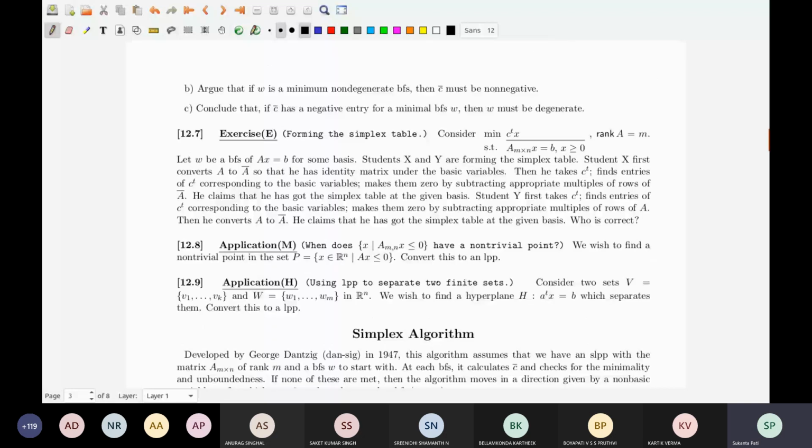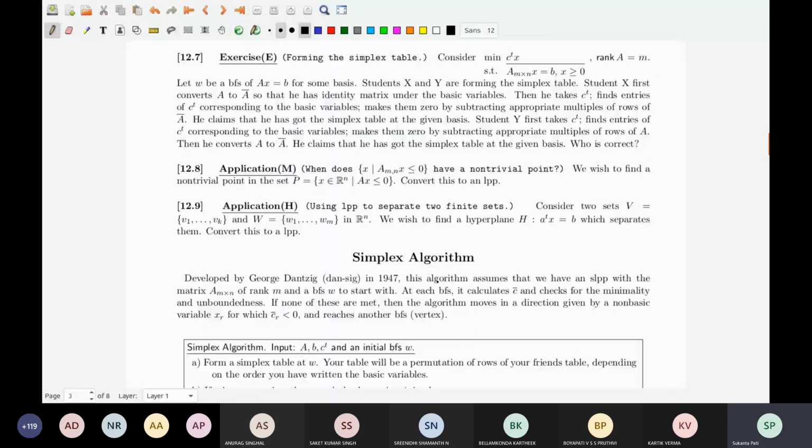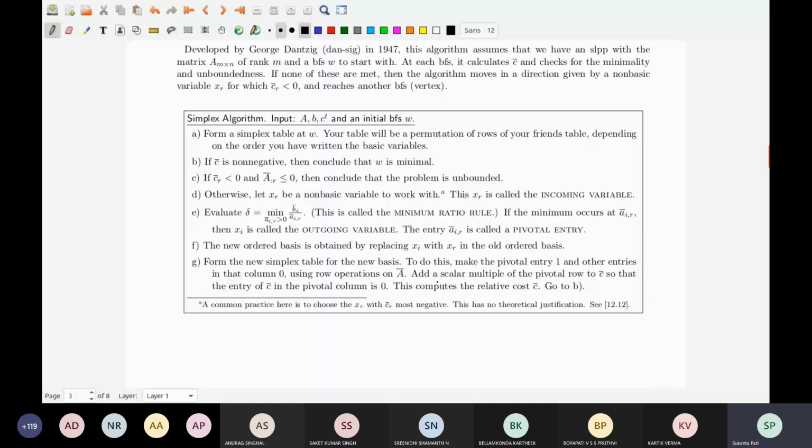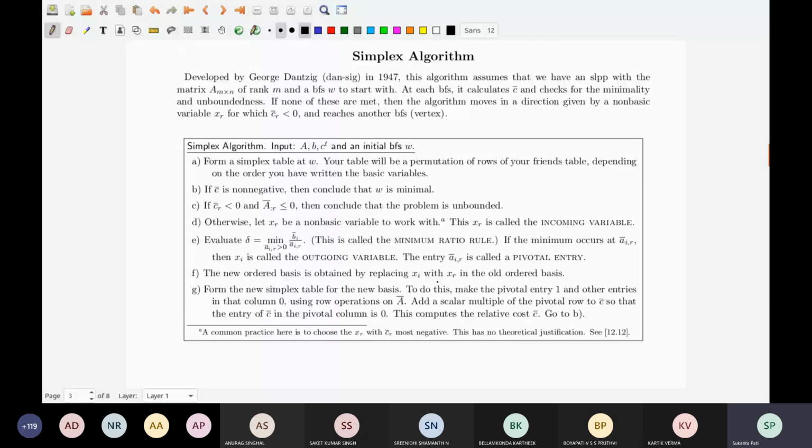Okay. So based on this idea, in 1947, Danzig presented the algorithm. Okay, this algorithm that at every stage you check for C bar, you check for the minimality. If it is greater than equal to 0, then it is minimal.